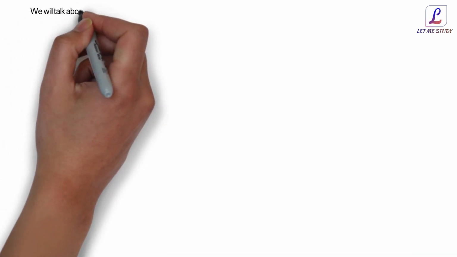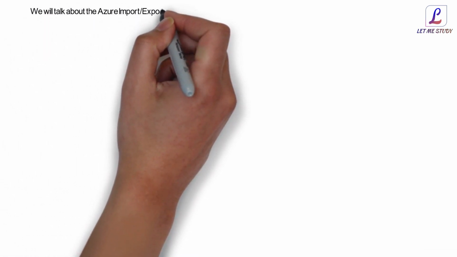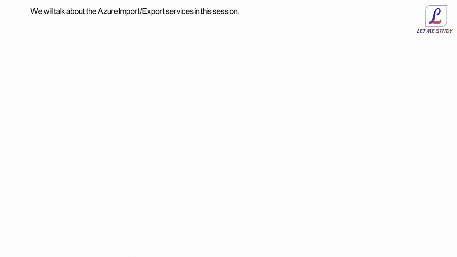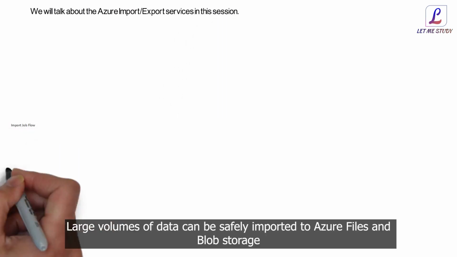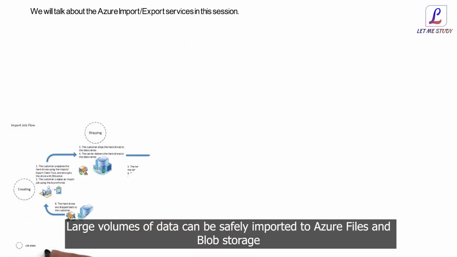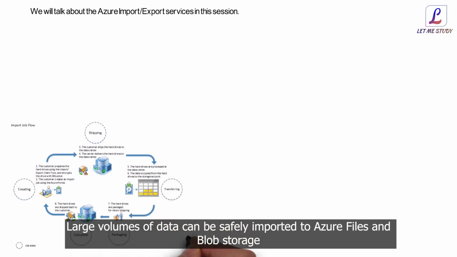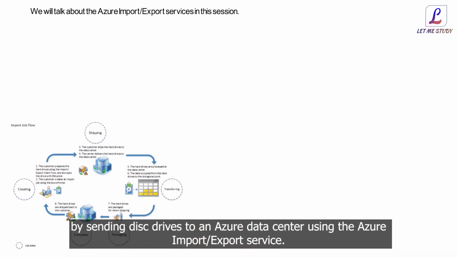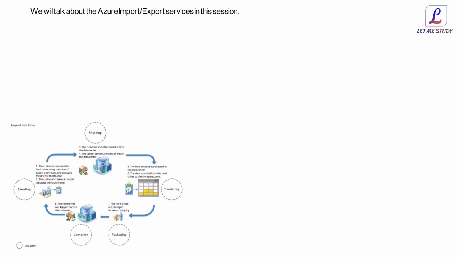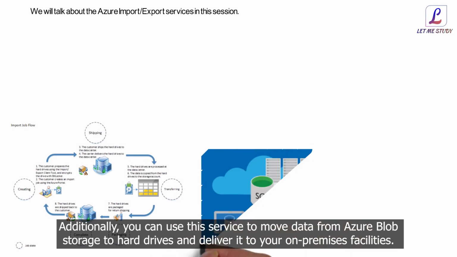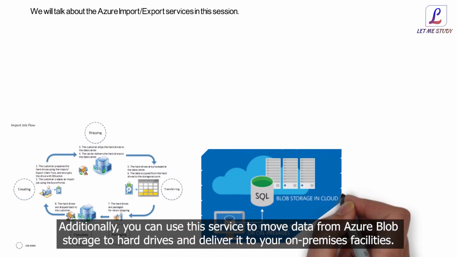We'll talk about the Azure Import/Export service in this session. Large volumes of data can be safely imported to Azure Files and Blob storage by sending disk drives to an Azure data center using the Azure Import/Export service. Additionally, you can use this service to move data from Azure Blob storage to hard drives and deliver it to your on-premises facilities.